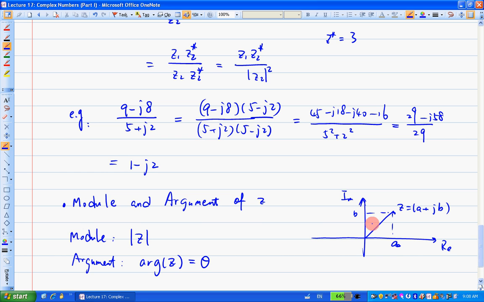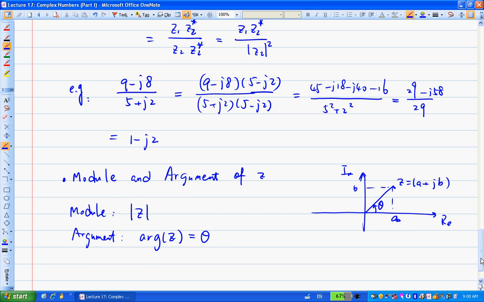It's the angle, this angle theta here. That's the argument. When you learn AC circuits, one of the analysis approaches for AC circuits, which you probably haven't learned yet, is using the so-called phasor. This theta here is essentially the phasor. So sometimes this is also written as angle z, a so-called phasor.